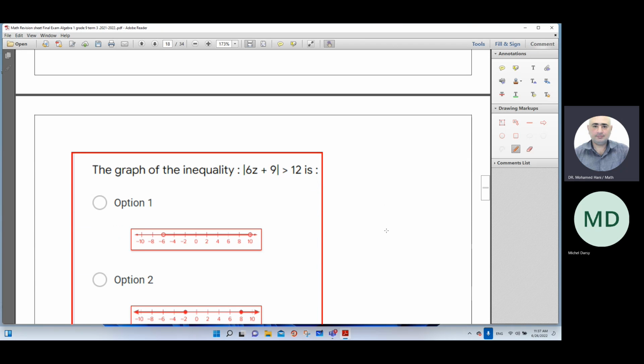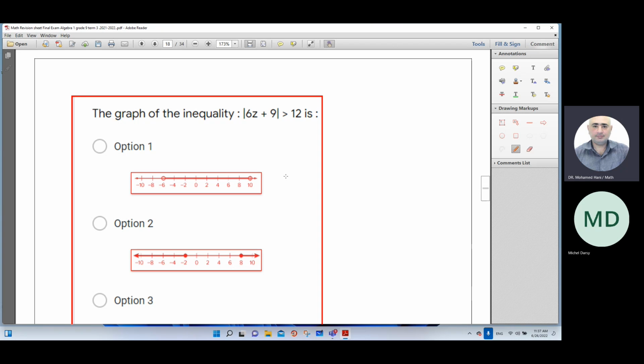Here's the same idea. The absolute value of 6z plus 9 greater than 12. When you have absolute value, take the inside of the absolute value: 6z plus 9 greater than the positive value, and 6z plus 9 greater than the negative value.